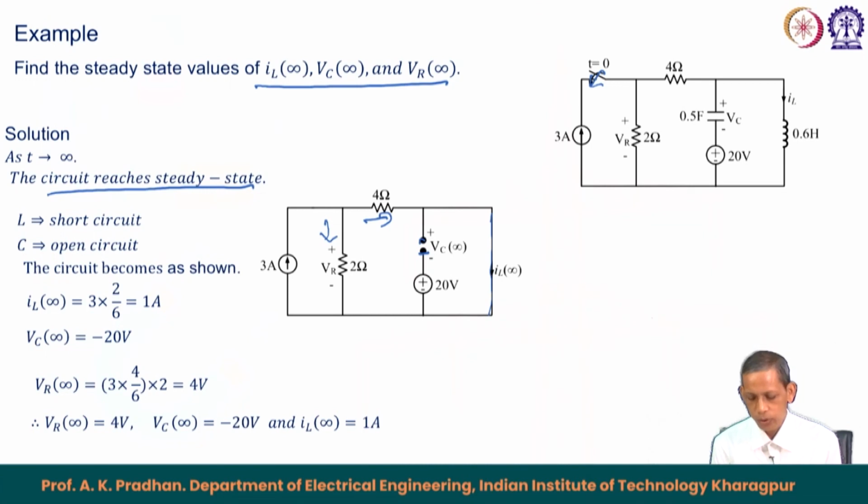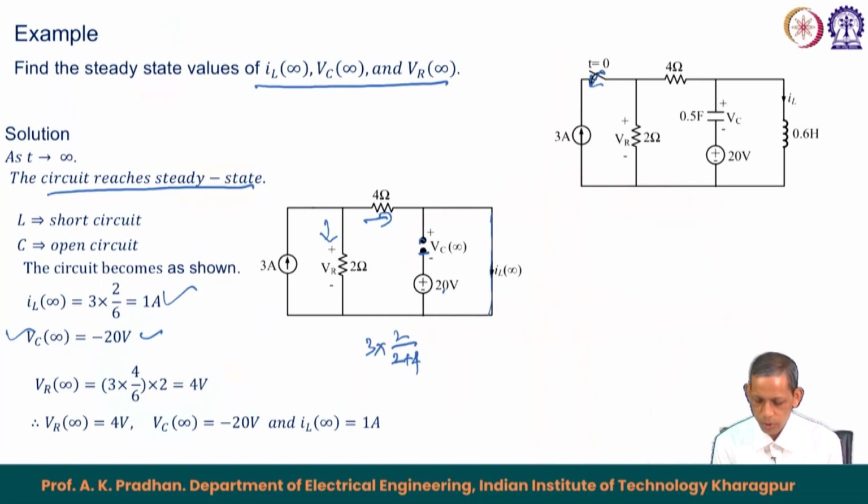So, the current I(infinity) will be equal to 3 into 2 divided by 2 plus 4, so that is 2 divided by 2 plus 4, so the 4 plus 6. So, this gives us 1 ampere current, and V_C(infinity) equals minus 20 volt, because this is 20.